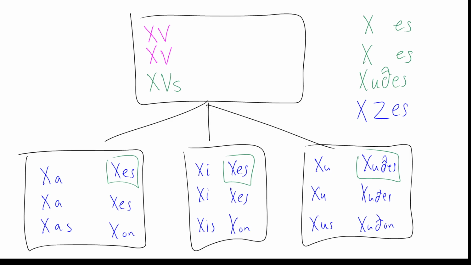So I'm going to put this as a Z, you can put it as a Y. That corresponds to these 2. So an abstract approach here could be X, Z, E, S. It's going to be the same thing for the 5th entry as well. And with the last one, instead of ES, it's ON, with the same Z in between. So this would be XZ, ON. So this is generalizing all of them together.